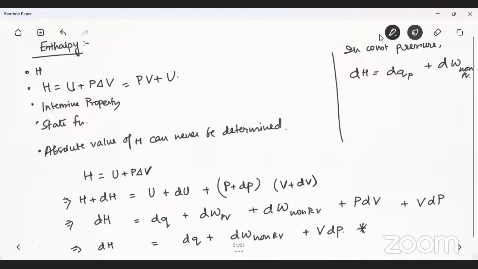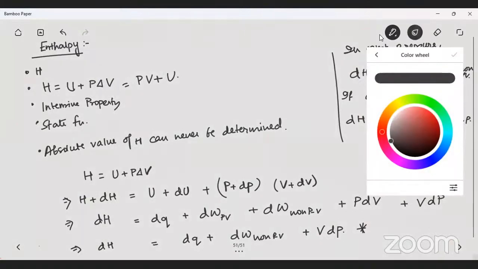These are just the derivations which will come in your boards. This will never come in your exam. I will tell you the conclusions. Now, if dW non-PV is equal to 0, then delta H becomes dQP, or delta H is equal to QP.